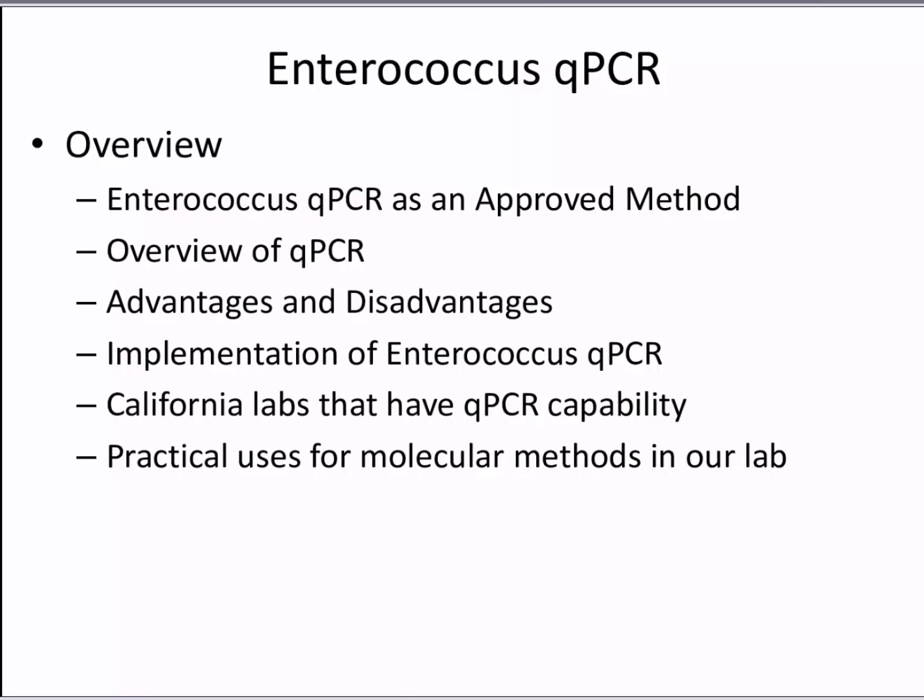So obviously, any regulatory testing requires the use of an approved method, so I'll briefly talk about the Enterococcus PCR as an approved method. I'll do a brief overview of the qPCR.